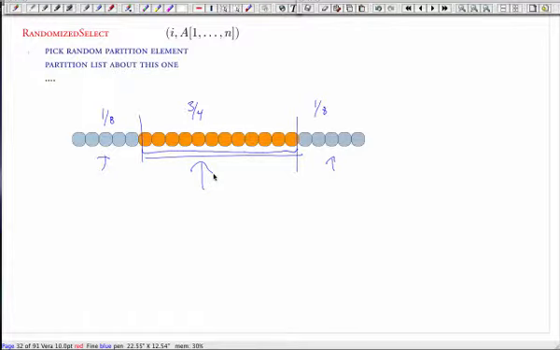So that means on expectation, you should expect to have to do this about twice at every step of your partition before you actually get something in the orange zone. Once you get something in the orange zone, you've gone to the next level. That's the same principle that we used before. Here you have a pretty good chance of getting something in the orange zone, so you might as well try a few times. Even if you had only a 2% chance of picking something in the orange zone, still, by our previous analysis, you should just do that 100 times. And with good chance you'd be in that zone.